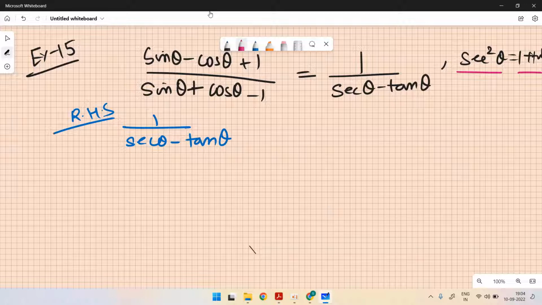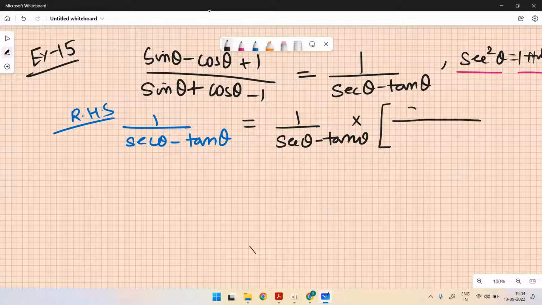So what to do? You need to multiply and divide by the conjugate term. So I can write it as 1 by secant theta minus tan theta, multiplied and divided by secant theta plus tan theta.